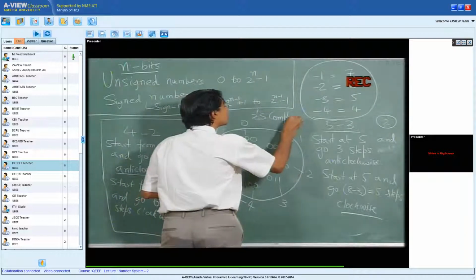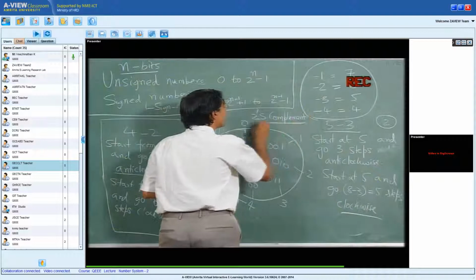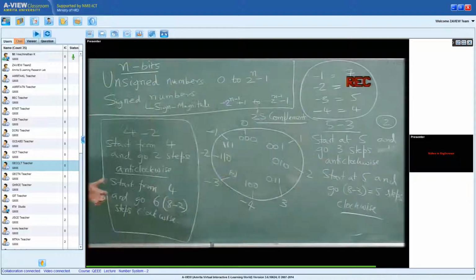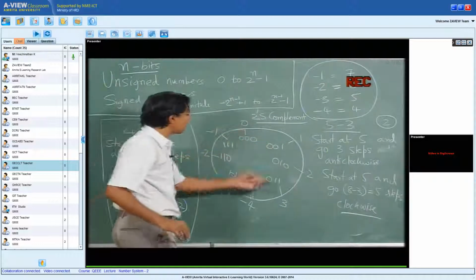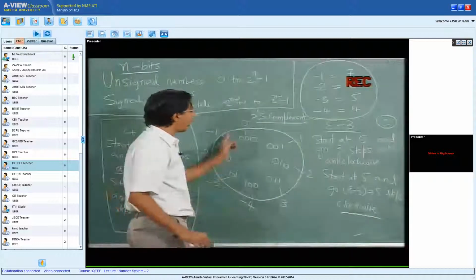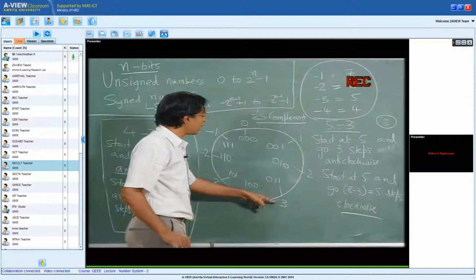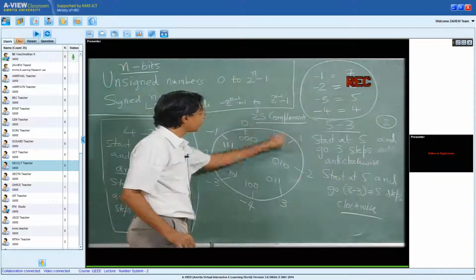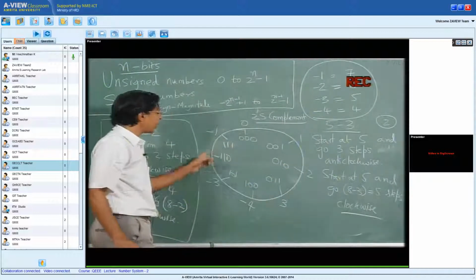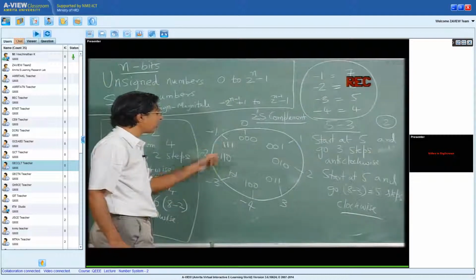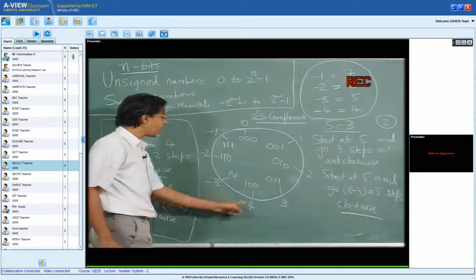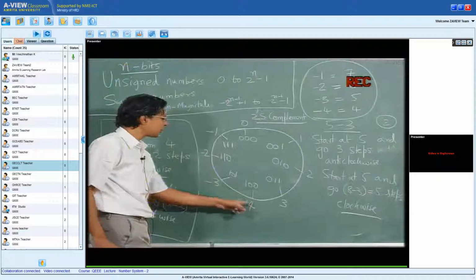Why it is called 2's complement, I will explain towards the end. But what we have done again is simply listed all these numbers as a cycle, with all the positive numbers increasing from 0 to 3. All the negative numbers, wherein the most significant bit is 1, from 0 anti-clockwise I have numbered as -1, -2, -3, -4.